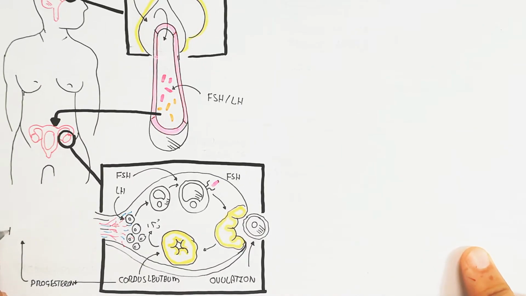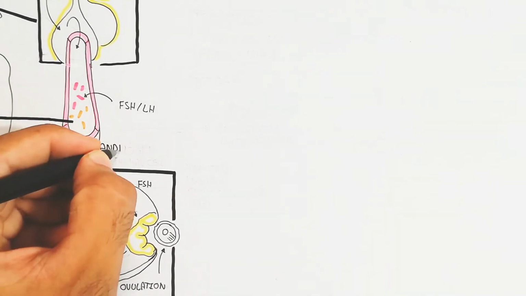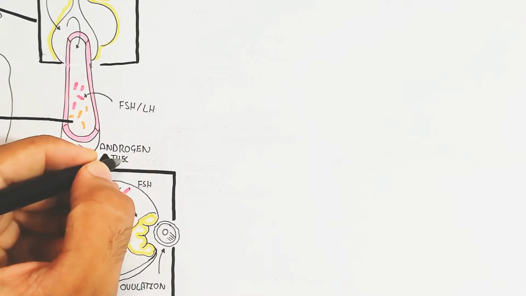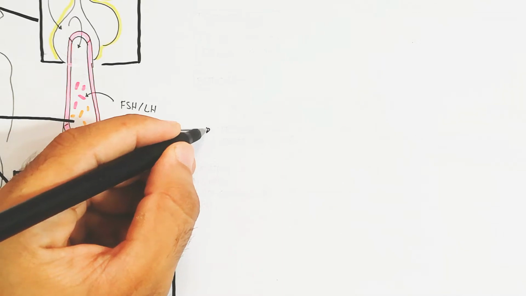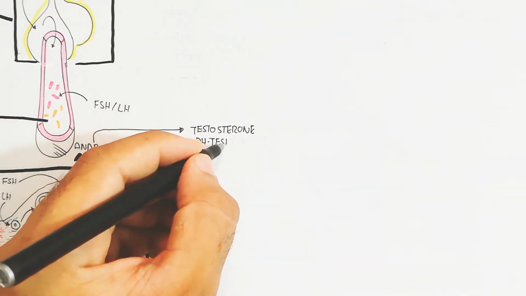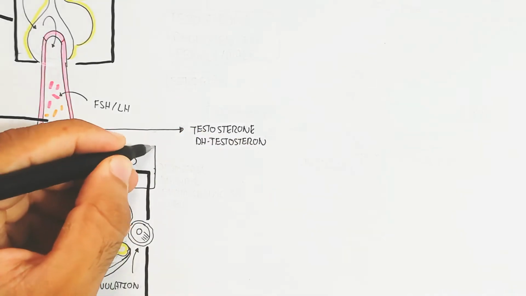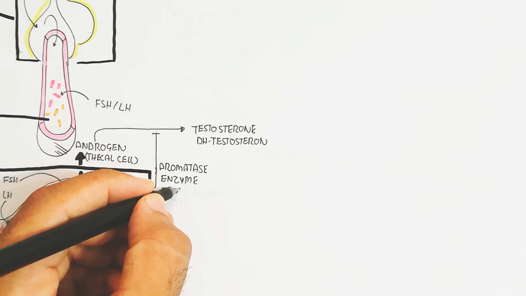So this is the mechanism in the female. In the male, the Leydig cells present in the testes bind with follicle stimulating hormone and luteinizing hormone to produce testosterone. In the female, the follicle stimulating hormone binds with the follicles, and androgen is released from the thecal cell; this androgen can be testosterone or dihydrotestosterone.